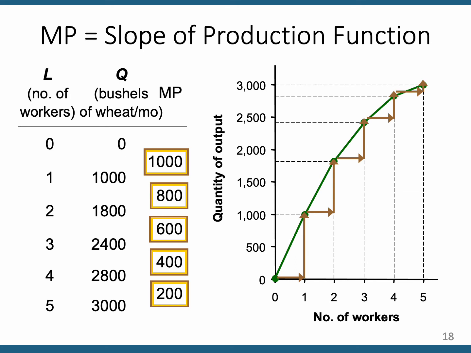You would expect output to increase, but it increases by a decreasing amount. Do you remember how that works? If it goes uphill but is leveling off, it's going up by smaller amounts as you go from left to right. That is a function that increases at a decreasing rate. And that's what's happening here. So total product increases at a decreasing rate because the rate is the marginal product and marginal product is decreasing.